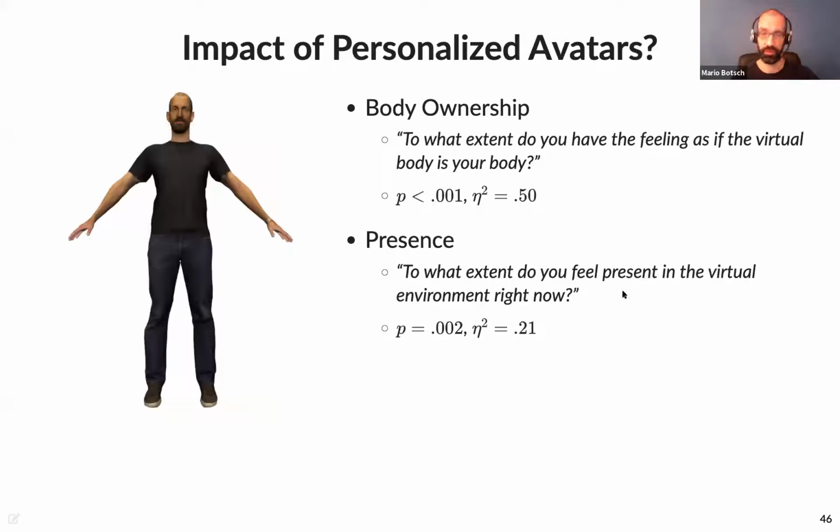But what we get out, just restricted to these 2 measures, body ownership and presence, is that we see an improvement in body ownership and in presence by the personalized avatars. And it's highly significant. The p is less than 1 per mille, or about 2 per mille, a highly significant result. And so the question is, how strong is the result?